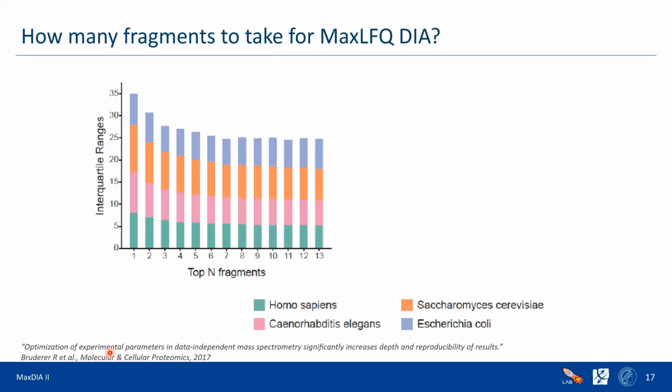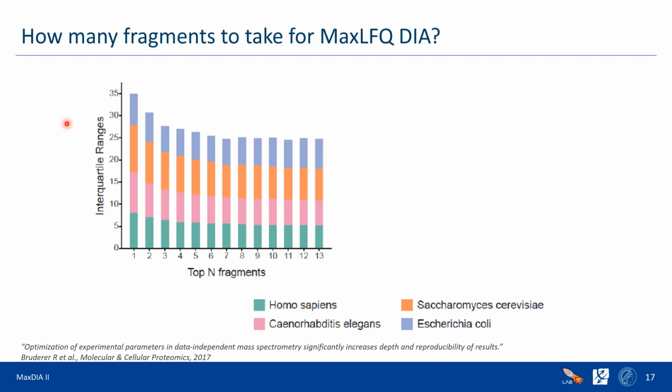We ran these samples several times with a different top-N fragment choice. So if a peptide has 11, okay, we take 11. If a peptide has, let's say, 50 fragments, we are anyway taking the top 11 by intensity. But if a peptide has just 5, but we're taking top max 10, then we're going to take the 5 fragments which we have.